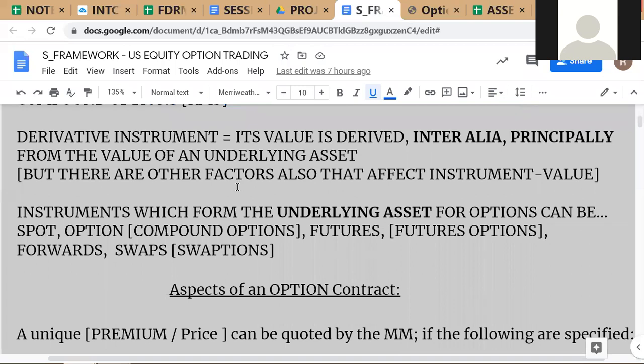Especially for options, you can have any kind of underlying: spot, forwards, options, futures, swaps as well. All of these can theoretically be underlyings for options, but most commonly these are futures, spot and forwards. These are the most common option underlyings.